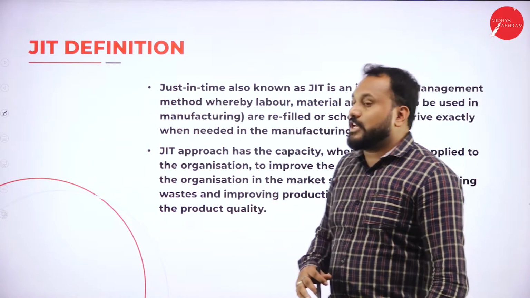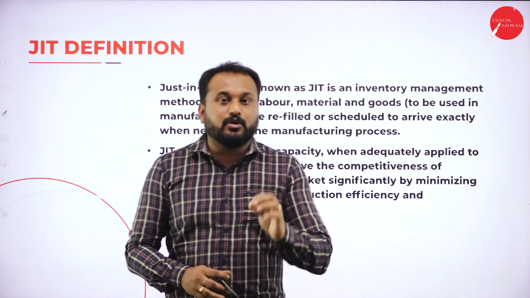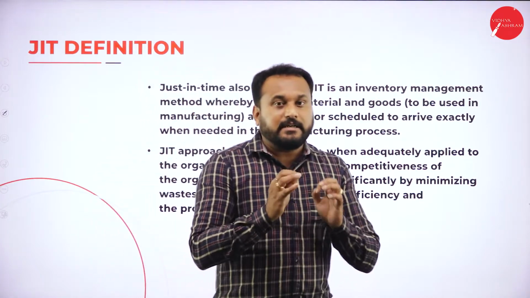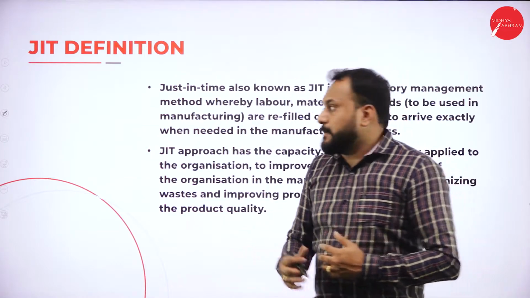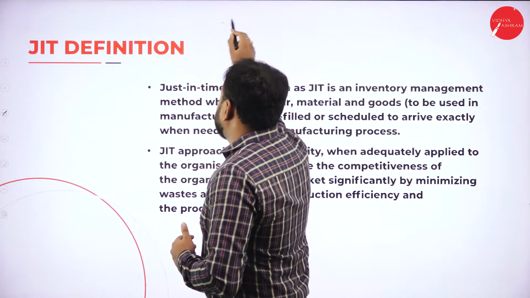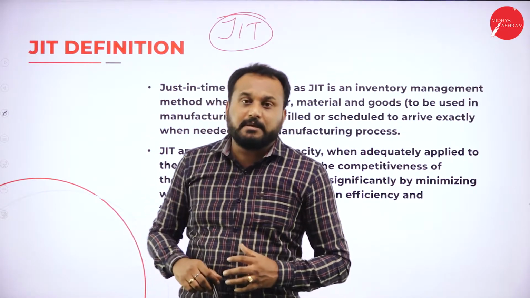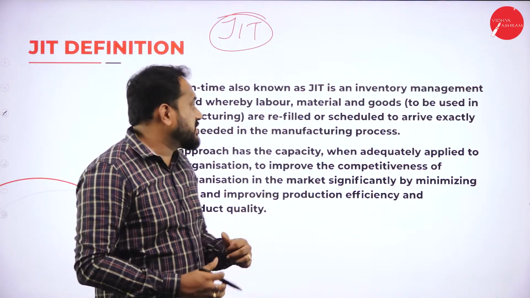The last one we have is JIT, that is the definition, just in time. That is, you need to go for the right time and then do it. That is called just in time. Now, when we go with JIT, please understand the JIT concept. It's a very important concept, and many people use JIT in all industries and manufacturing units.